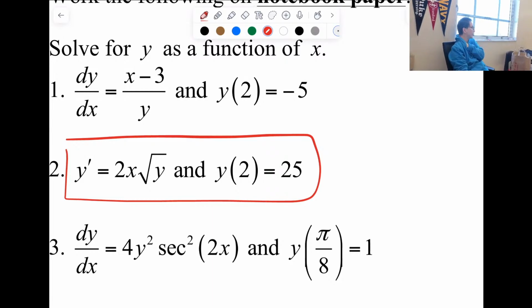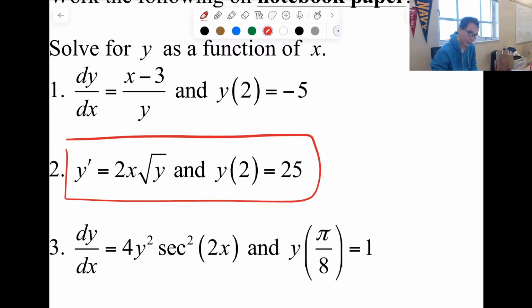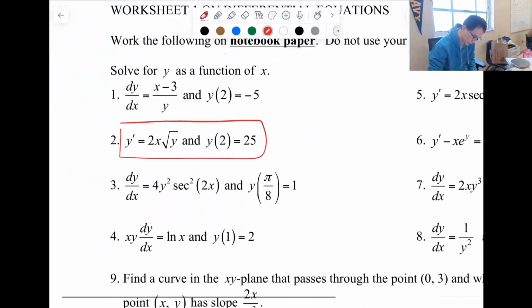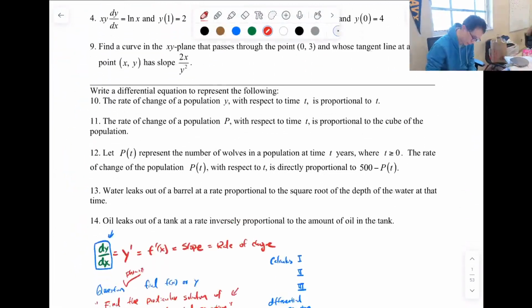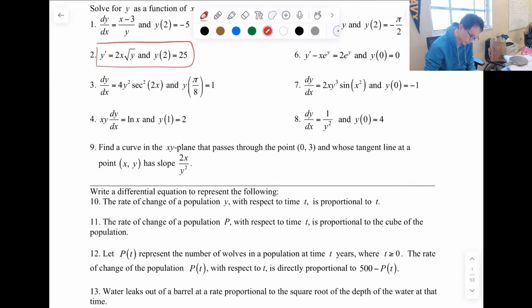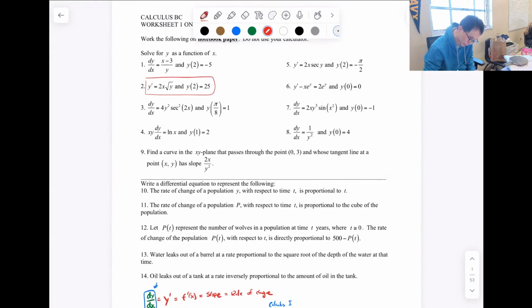How many of you guys did not get the right answer? Raise your hand. Should I go over it? Okay. I'm going to go over this one. y prime is equal to 2x square root y, and y of 2 is equal to 25.